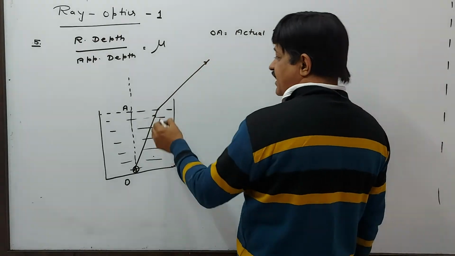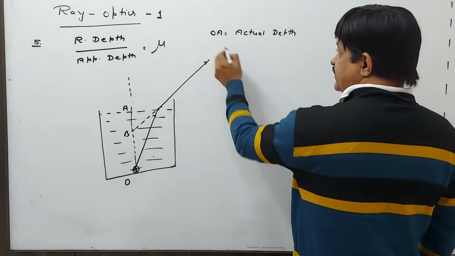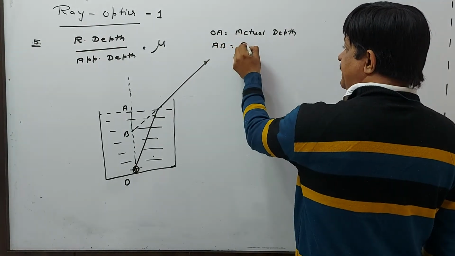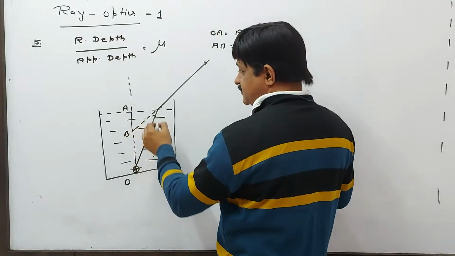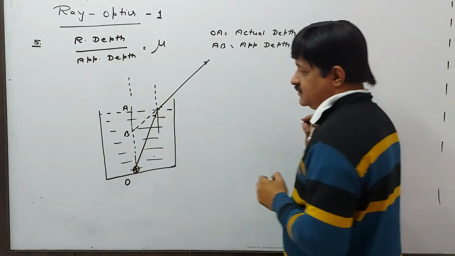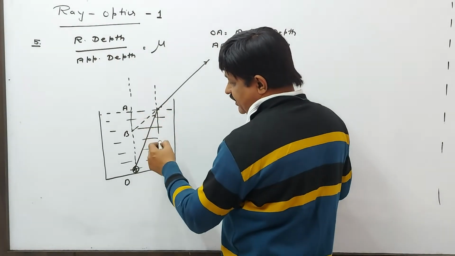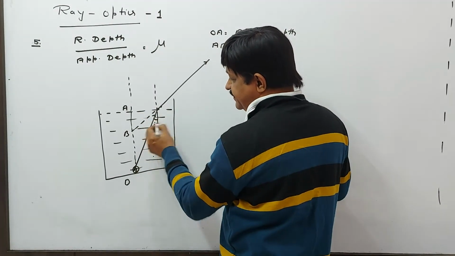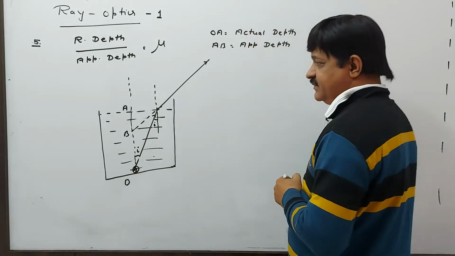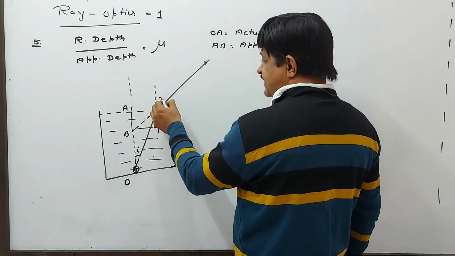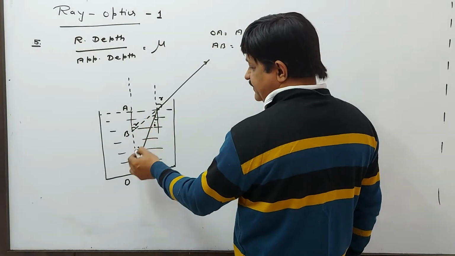It looks like the light is coming from this point B. So AB is your apparent depth. Now keep in mind, this is the normal, the light went from here, so this must be I. This angle must equal I. This is R, so this angle must equal R. I and R have been defined very well.